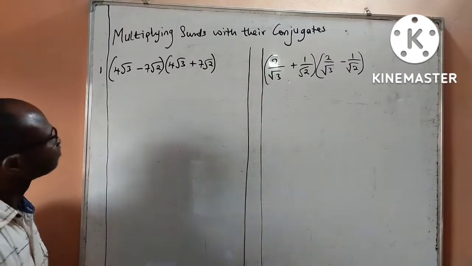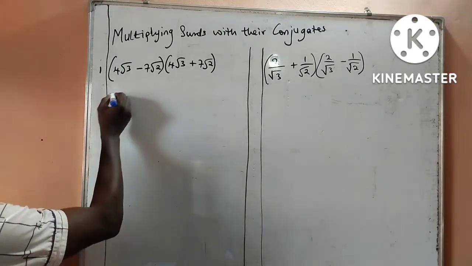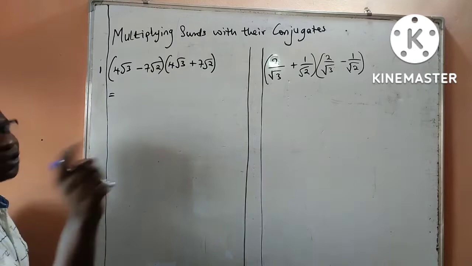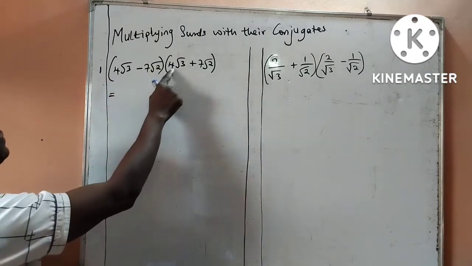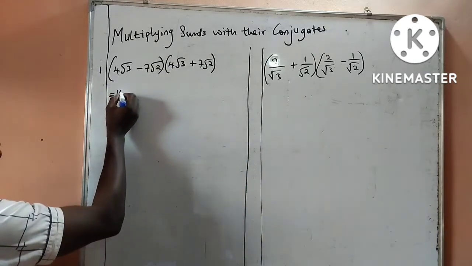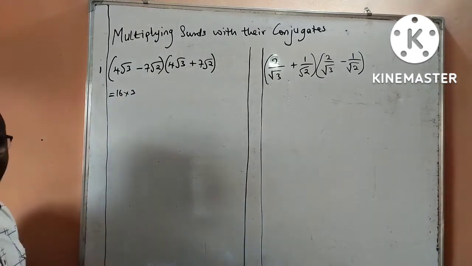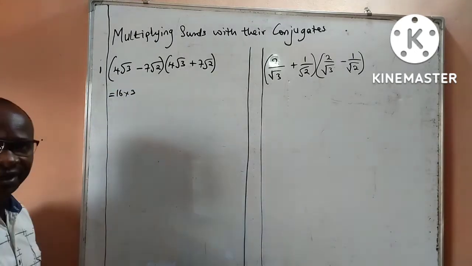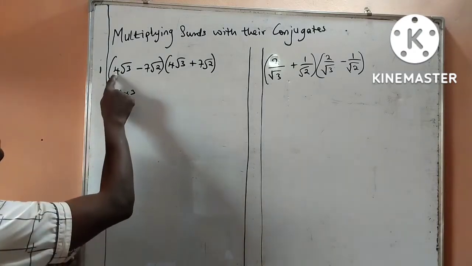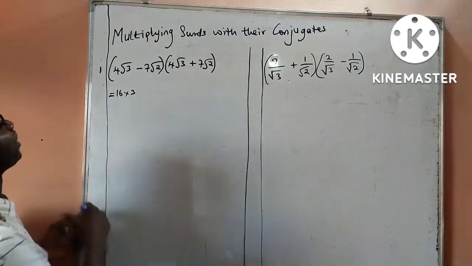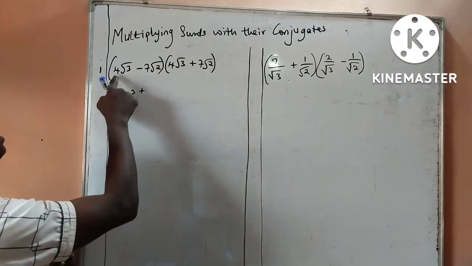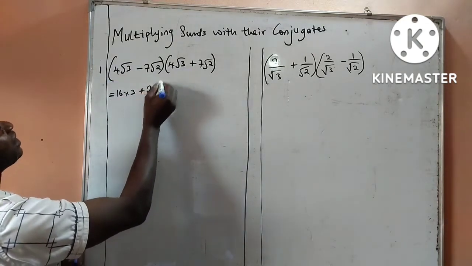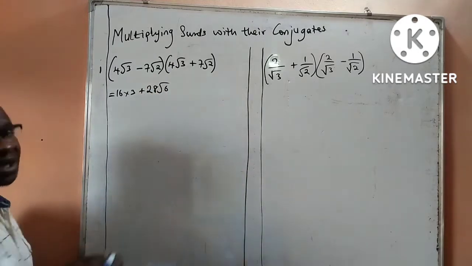We dive in. Opening the brackets in multiplication, I'm doing 4 root 3 times 4 root 3, which will give us 16 times 3, because 4 times 4 is 16 and root 3 times root 3 will give me 3. Again, 4 root 3 times 7 root 2 will give me plus 28 root 6.